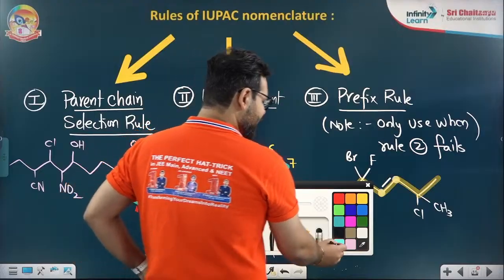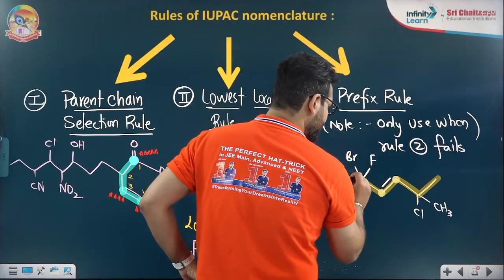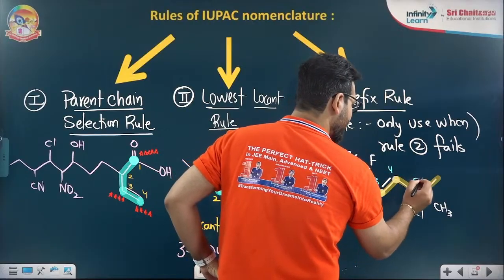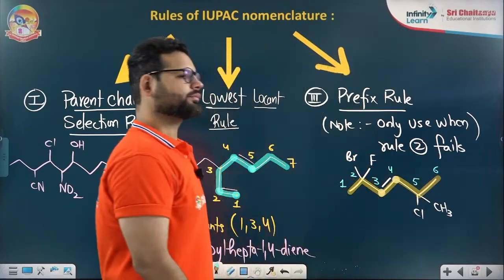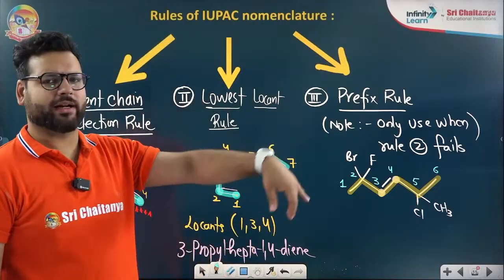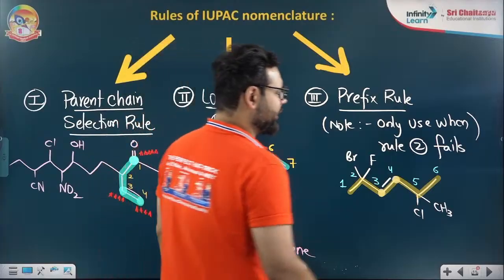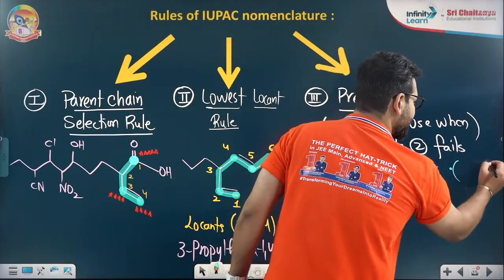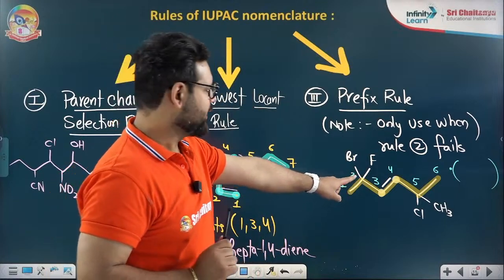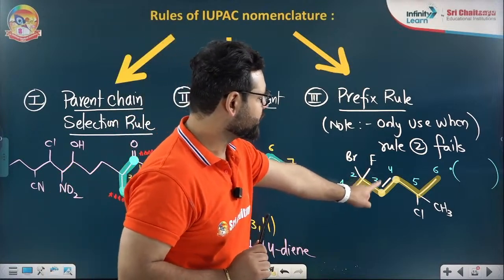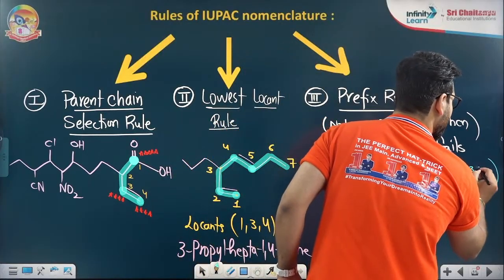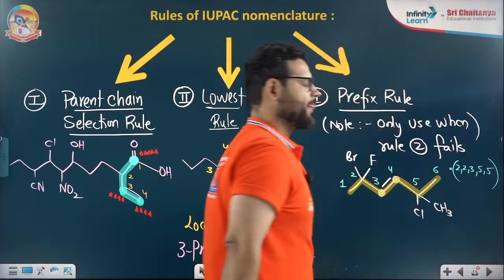Now I start to number. Beta, if I number from left side to right side, 1, 2, 3, 4, 5, 6, what are the locants I am getting? 2, 2 because there are 2 substituents on the second carbon, then 3, then 5, 5.